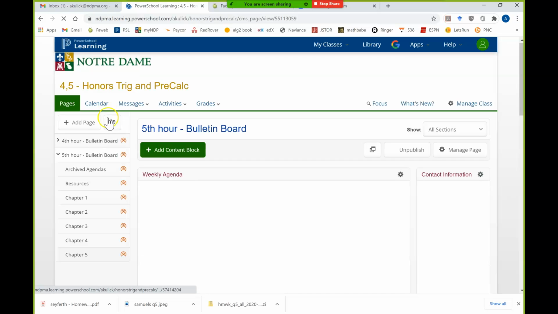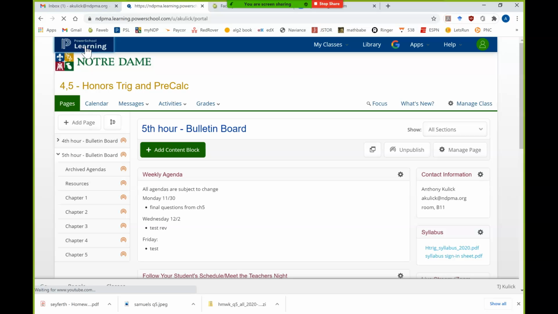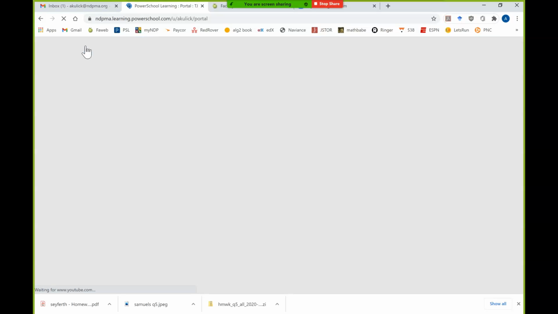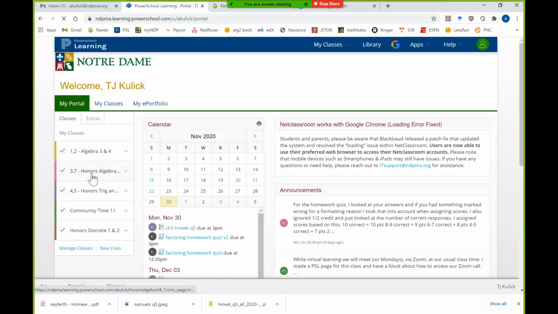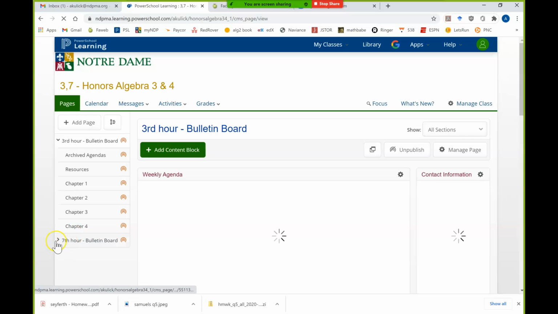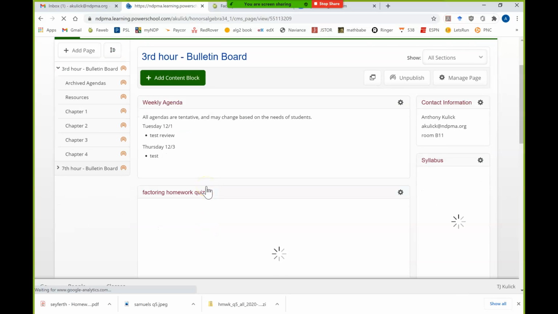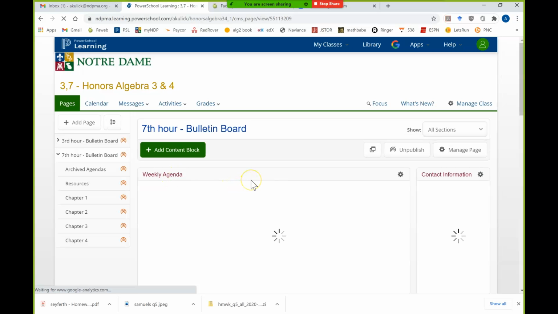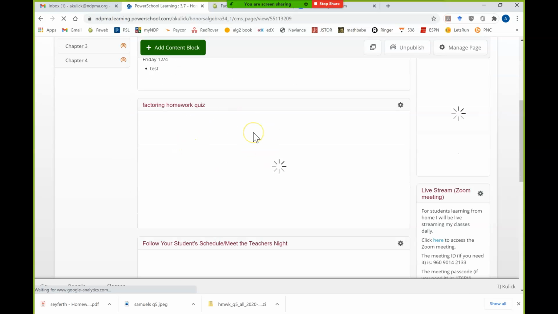If you go to PowerSchool and to our class page, my internet is so slow, and you look at the bulletin board, you'll see this factoring homework quiz.